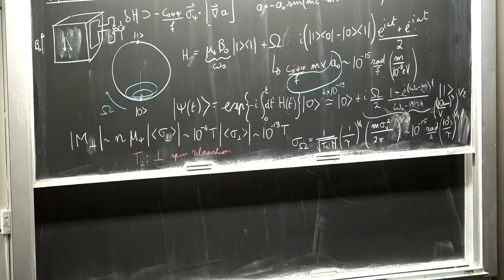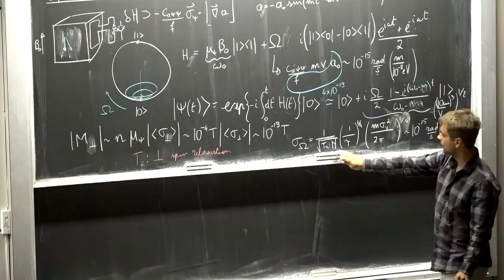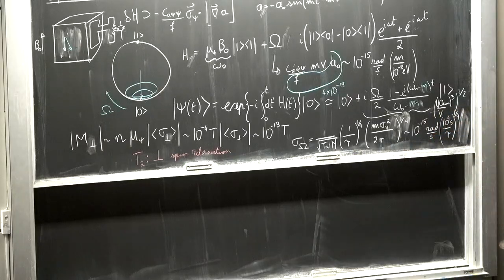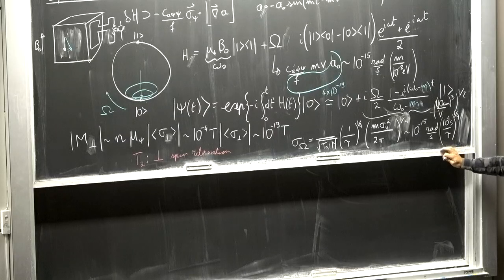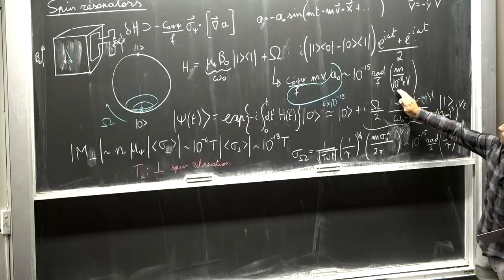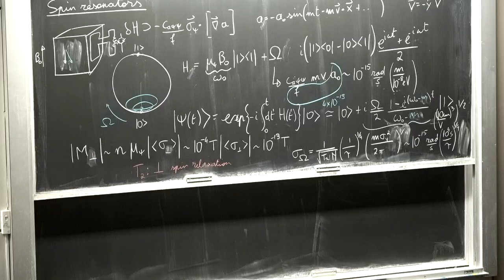So roughly at standard densities, if I have a volume of 10 centimeter cubed and I integrate for this time, and this number is for 10 to the minus 8 electron volts, which is kind of the highest it could possibly be.